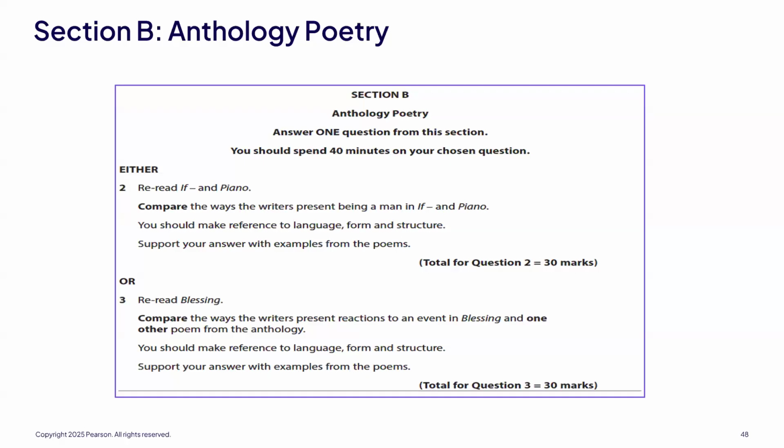Compare the ways the writers present reactions to an event in Blessing and one other poem from the anthology. They get that clean copy of the anthology poems, and they can choose their second poem. Both questions are equally popular, so I wouldn't say there's a preference from students, but they get to choose in the exam.